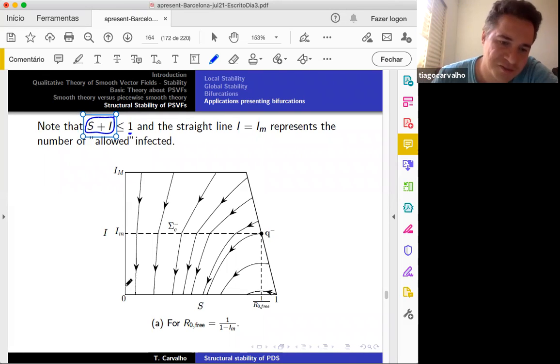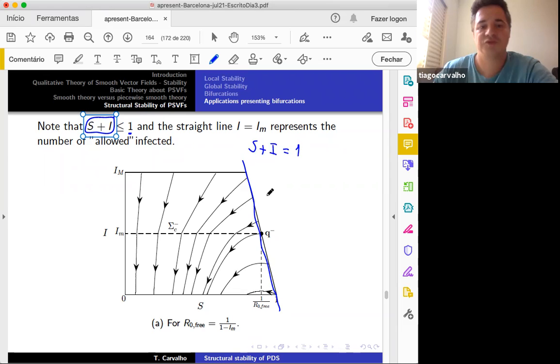This is the line which corresponds to s plus I equals 1. Here we have the variable I, and here the variable s.